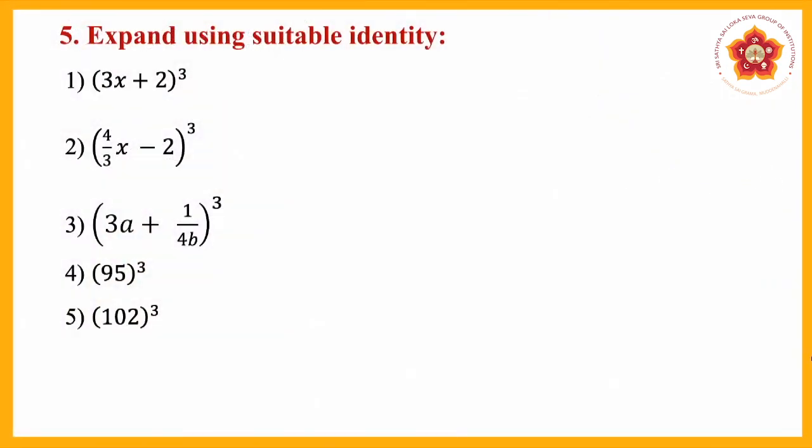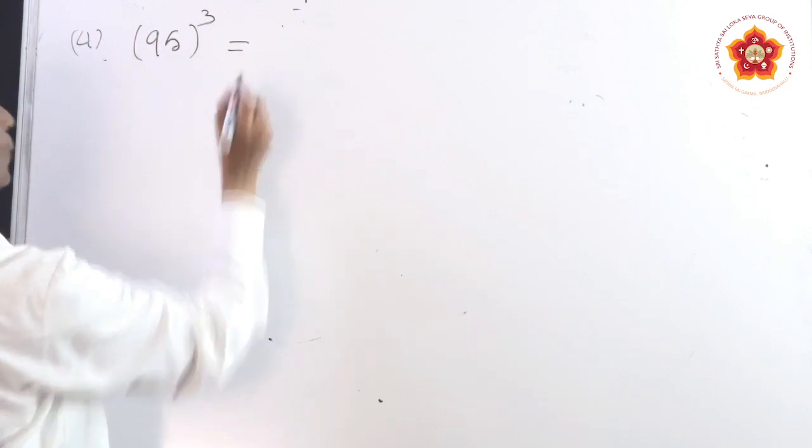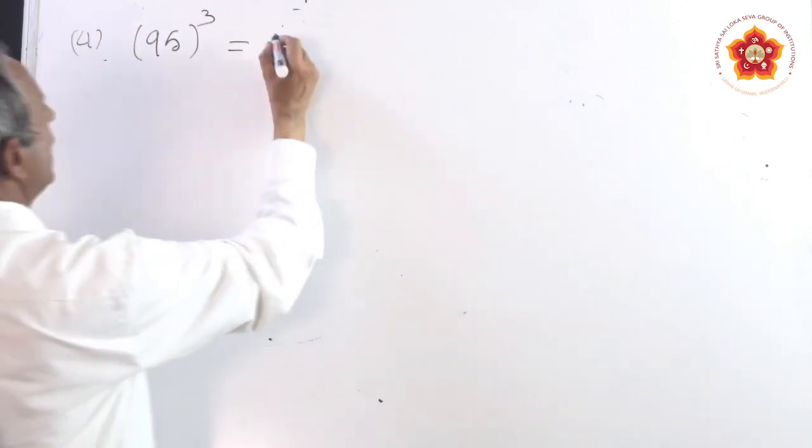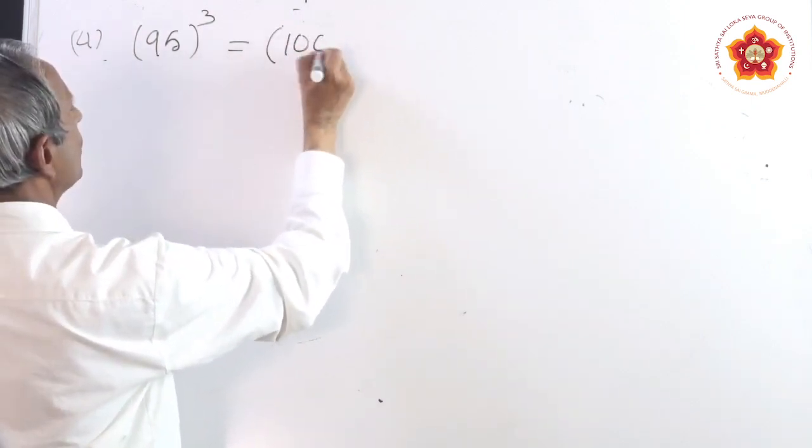Next, the fourth one is 95 whole cube. Now 95 whole cube can be written as 100 minus 5 whole cube.